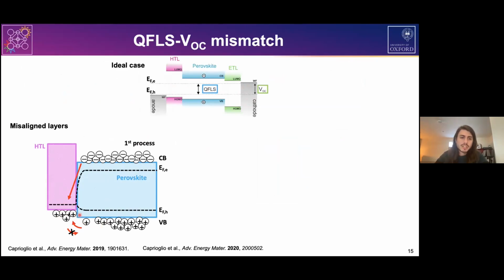And due to this energetic offset, we cannot have re-injection basically. So we end up with a strong and large density of majority carriers here in the transport layer, which can recombine with the minority carriers present in the perovskite. And such a scenario would create a constant depletion of free majority carriers, in this case in the perovskite, causing the bending basically of this quasi-Fermi level splitting.